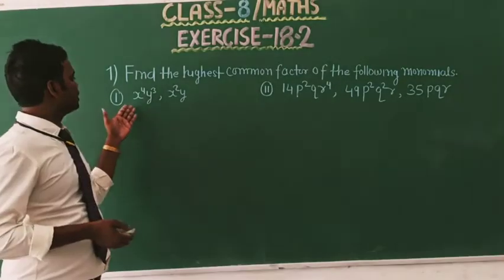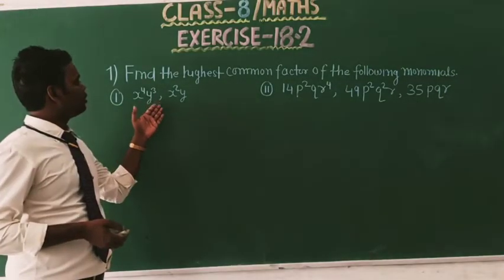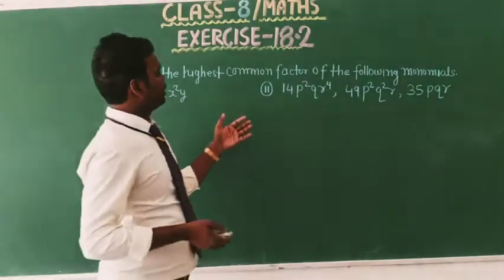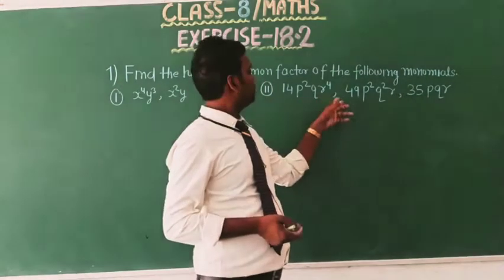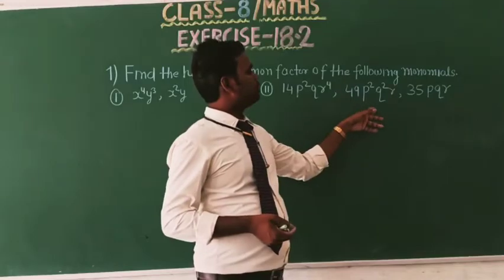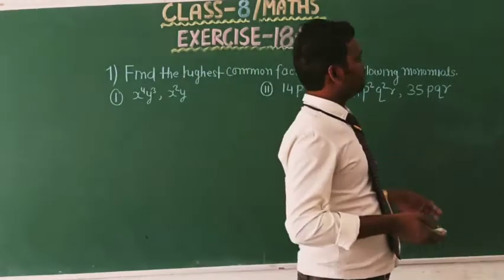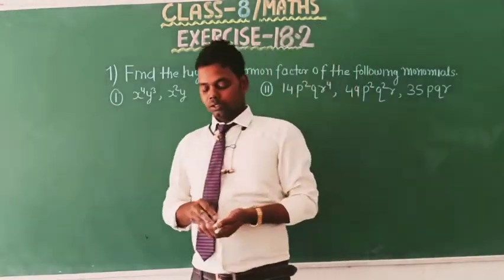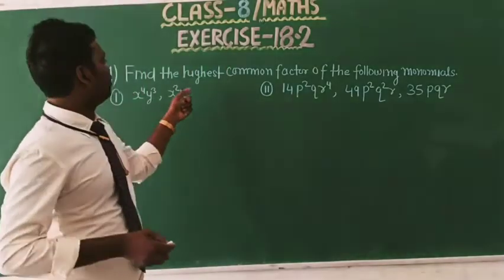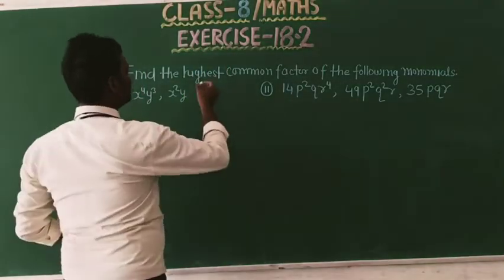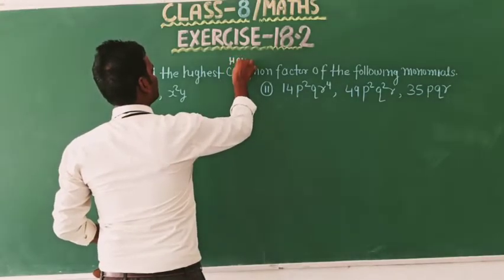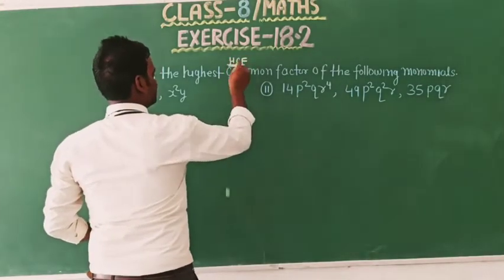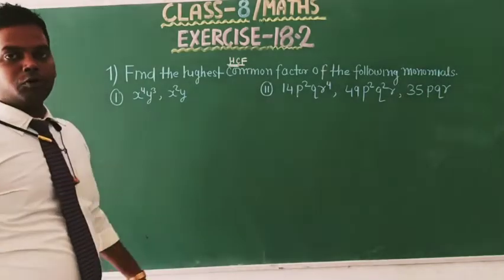The first, x to the power 4, y to the power 3, comma x square y, and second, this is 14p square q square r to the power 4, 49p square q square r, and 35pqr. Okay. So highest common factor is HCF. Okay, means we have to find the HCF of the given monomials.